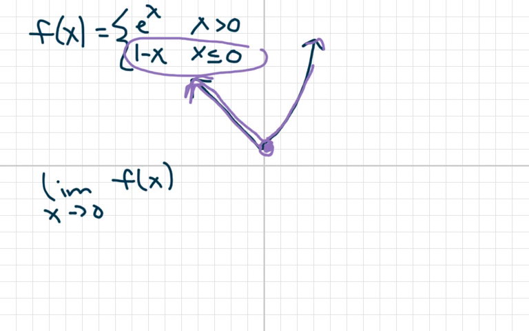Well, we notice as x approaches 0 from the left, we hit 1. And from the right, do that in green, it also approaches 1. So that is our n, so the limit equals 1. And that is all.